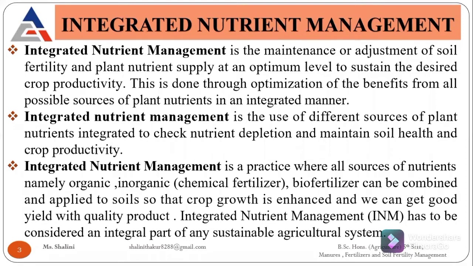so that we can get maximum yield from it. The main purpose of integrated nutrient management is to improve the soil, to conserve our resources, and third, to obtain maximum productivity. Then there are some definitions of integrated nutrient management.